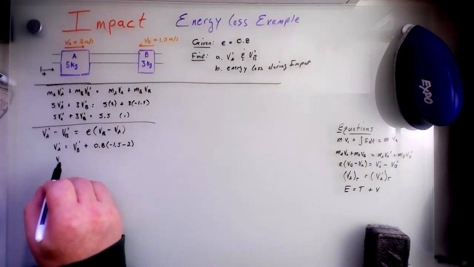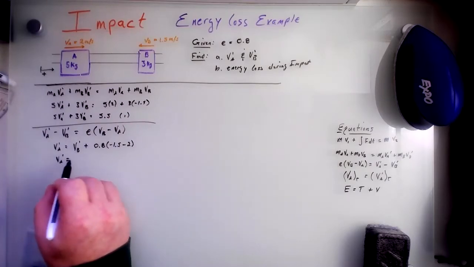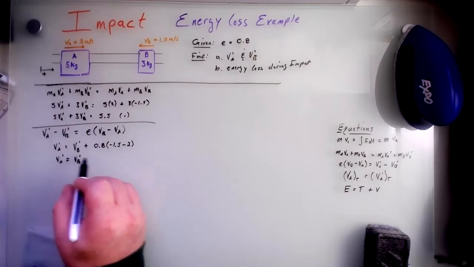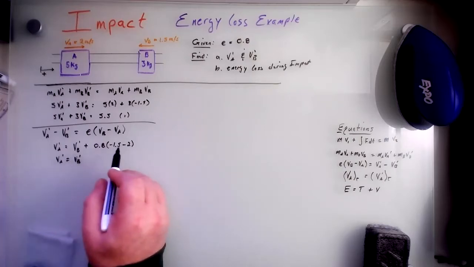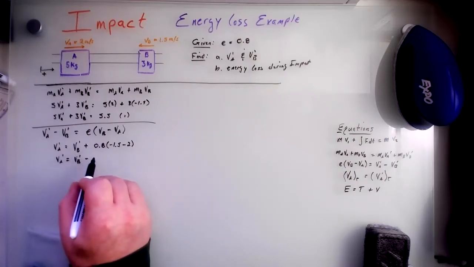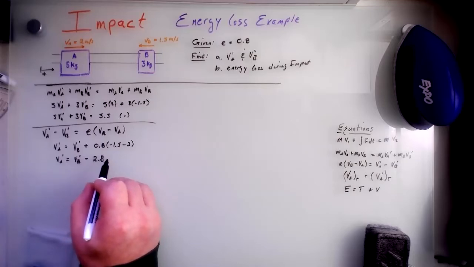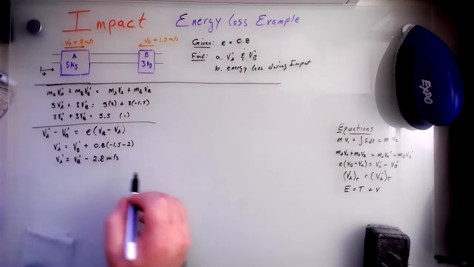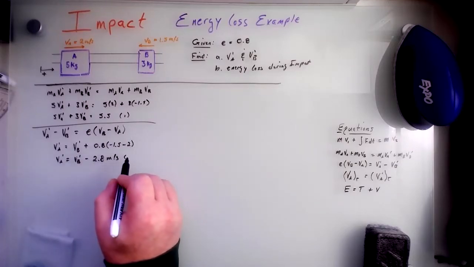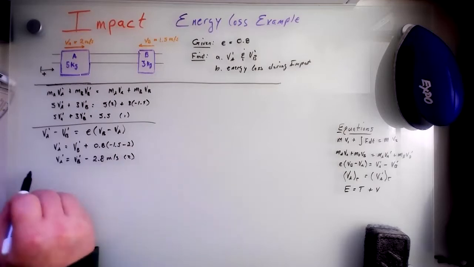So that gives us VA prime equals VB prime minus 2.8 meters per second. We'll call this one equation 2.